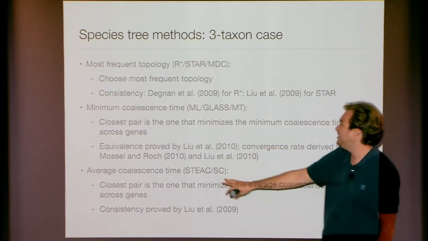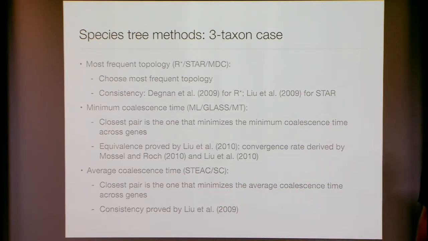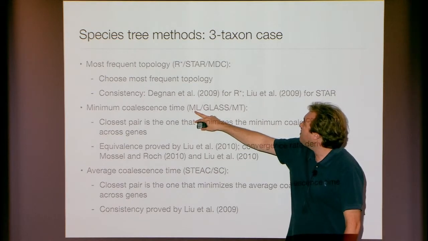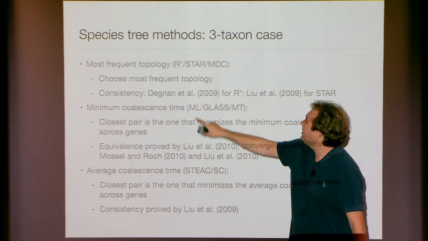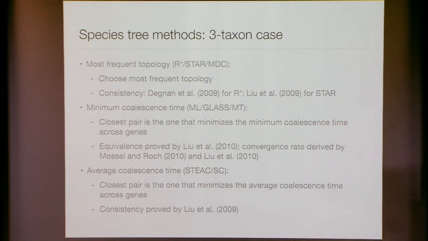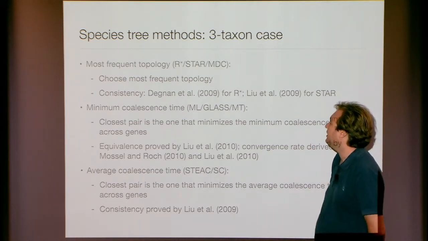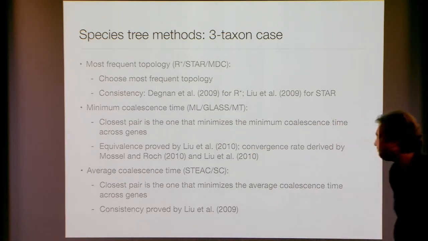And the third one is going to be stake, which is the average coalescent time across genes. I will use ML for maximum likelihood. If you're given the coalescent times for all your genes, then the maximum likelihood estimate under the multi-species coalescent turns out to be the same thing as taking the minimum. You can prove that in this particular context, but I'm going to call this glass.